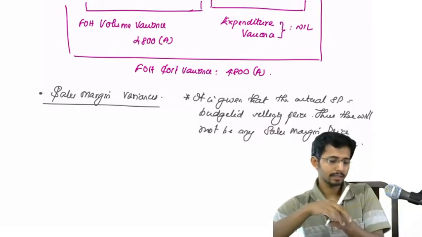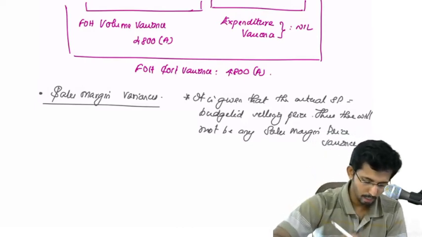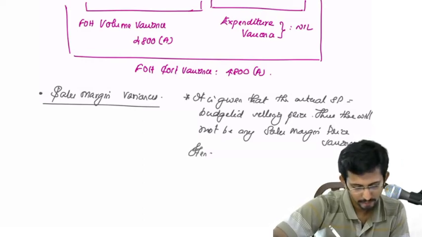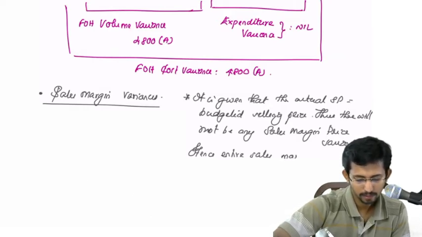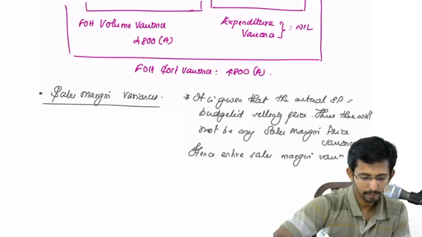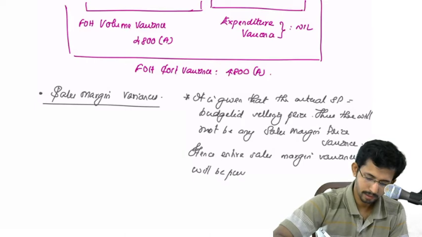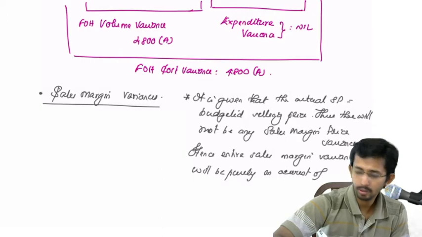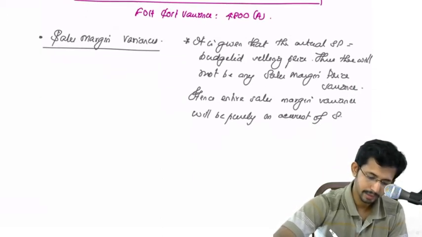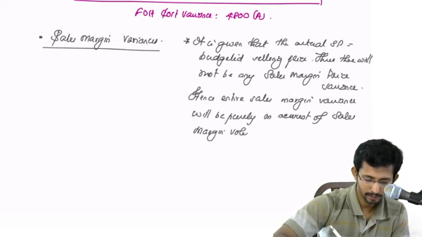There is no information regarding the selling prices given also. Now, the entire sales margin variance will be purely on account of volume variance, sales margin volume variance.